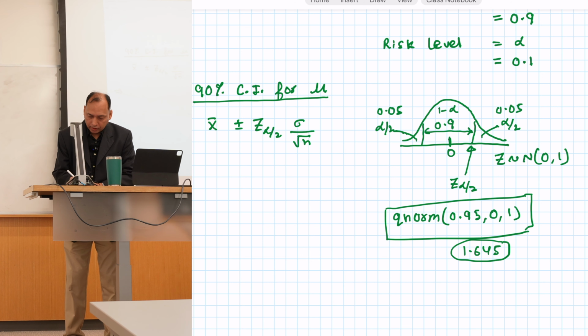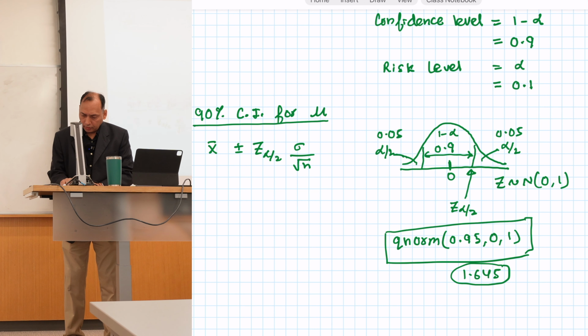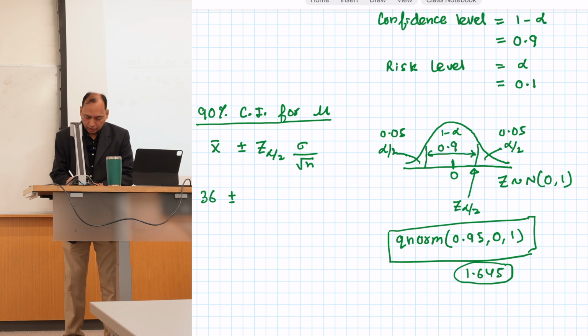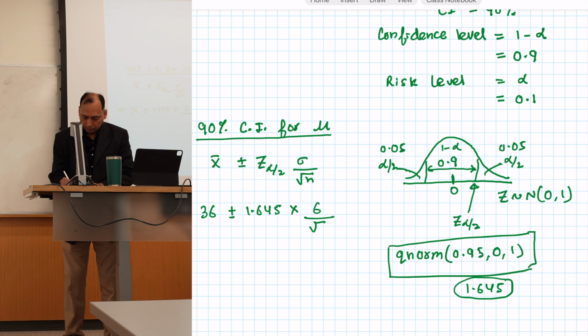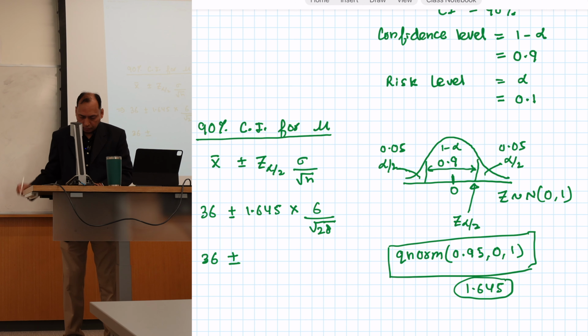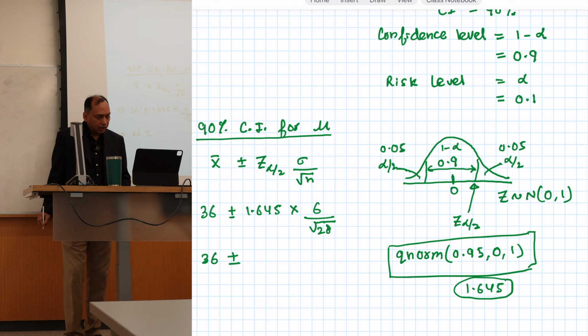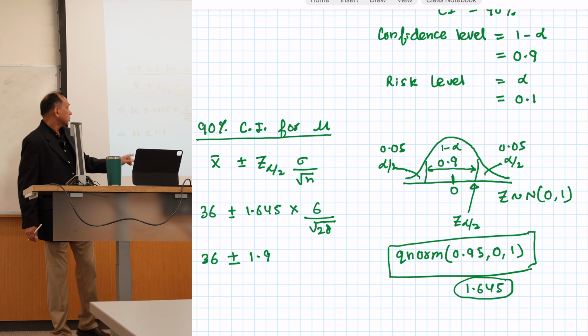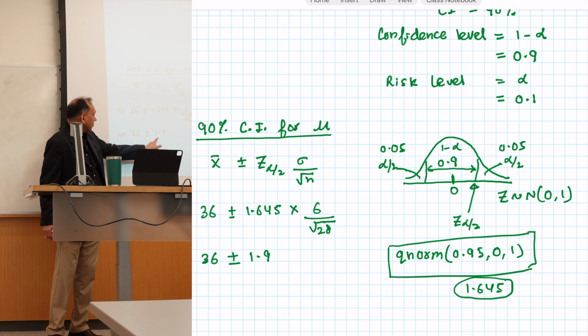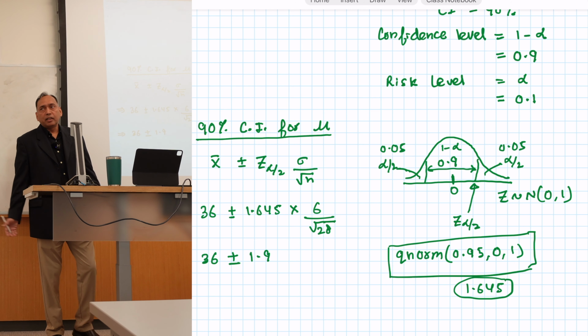So x bar 36 plus minus sigma 6. If you simplify this, you will get about 1.9. I'm rounding this to like 1 decimal. So point estimate 36, margin of error plus minus 1.9 minutes.